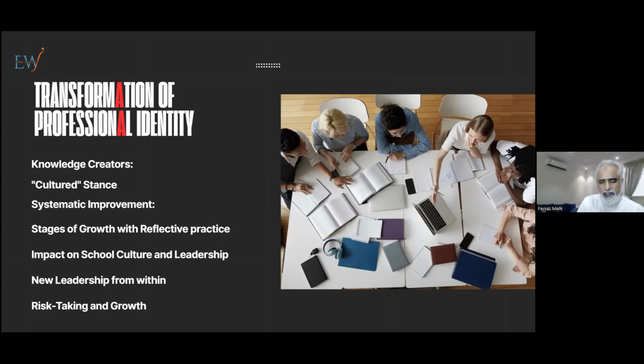Again, school culture, leadership becomes more receptive, open to different ideas. And with research, the schools can find leadership from within. They don't have to look outside.